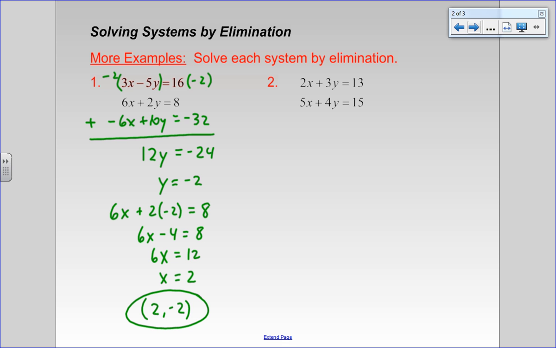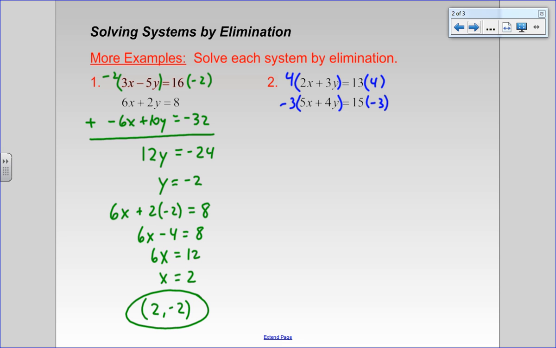And in fact, in order to obtain opposite coefficients for a pair of variables in this system, we'll actually need to multiply both equations by a constant. Let's multiply the first equation in our system by 4, and the second equation by -3. Again, performing the multiplication on both sides to satisfy the multiplication property of equality.